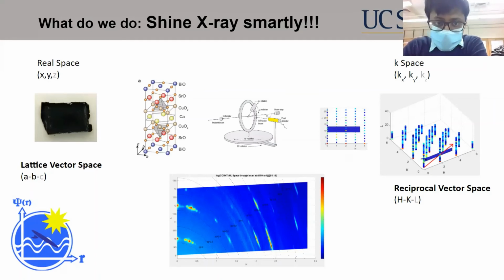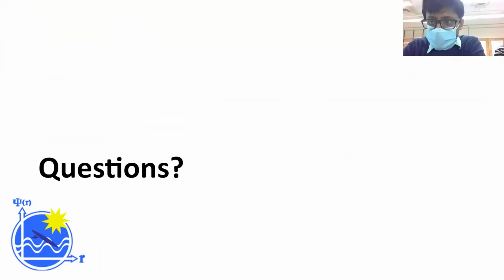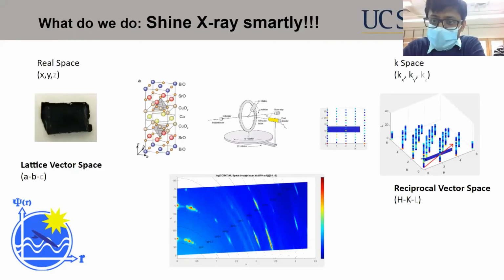So not only do the symmetries dictate, there are many more things to it than what the symmetries say, and these are very complex materials. So the structures are not really straightforward. Any questions? I'll keep this up if that helps to bring up a question.